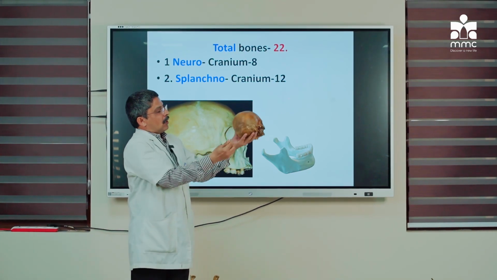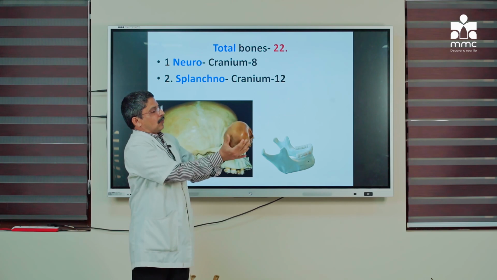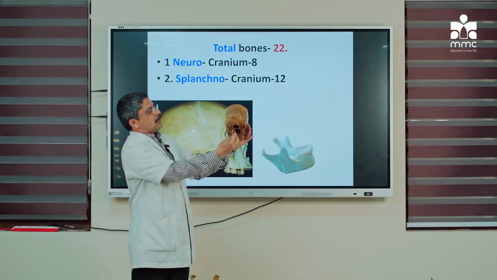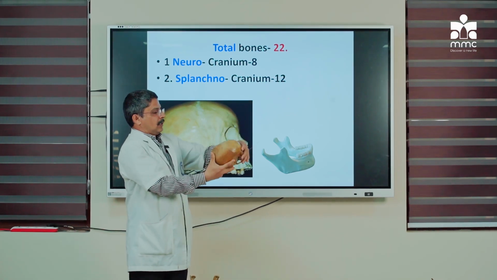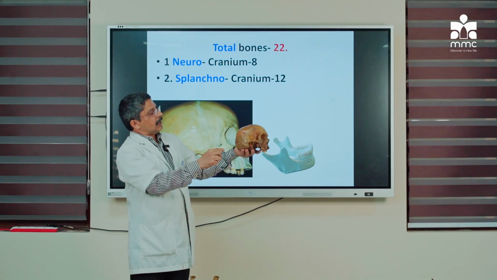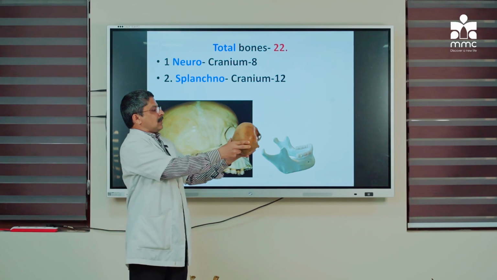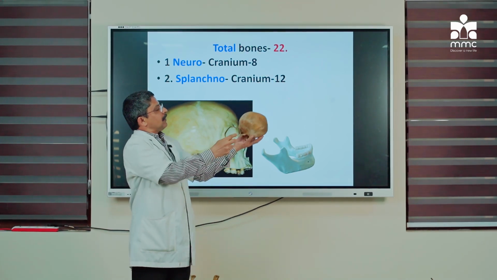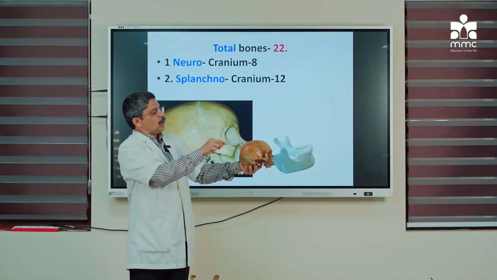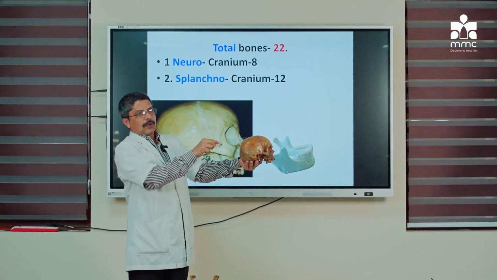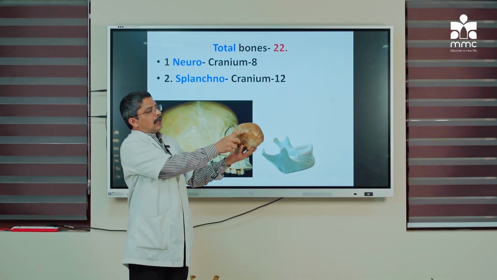This is the bone called the occipital bone on the posterior aspect. This is the bone called the temporal bone on the lateral aspect, on the right side as well as on the left side. And this bone is called the parietal bone, one on the right side, one on the left side.